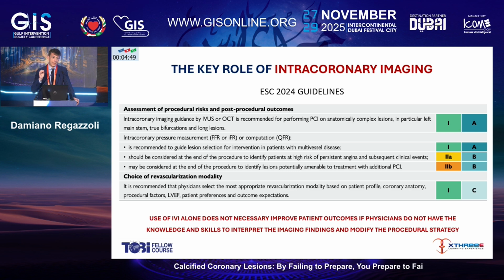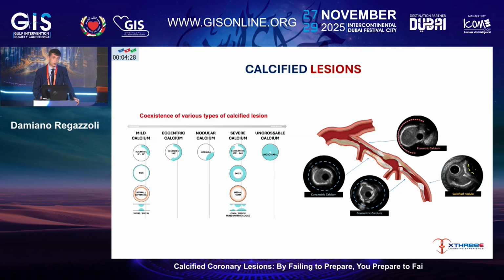But doing IVI, so doing OCT or IVUS at the end of the procedure, is not the message of these guidelines. In fact, we have to use intravascular imaging in order to be prepared to choose the appropriate tool for lesion preparation. Because in a calcific artery, probably there will be a lot of different calcific patterns coexisting.